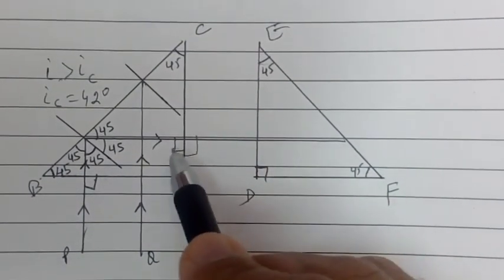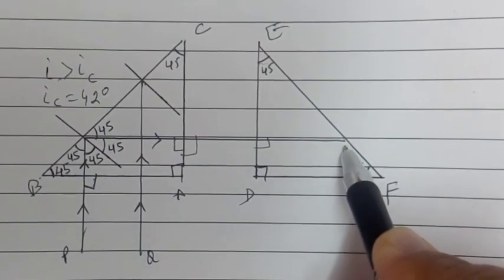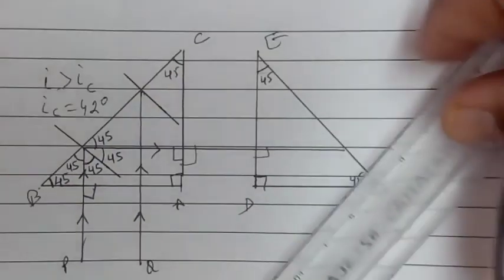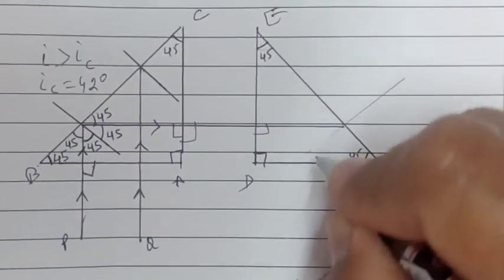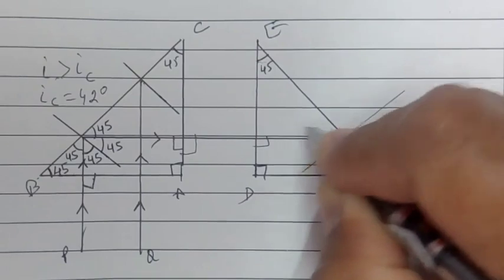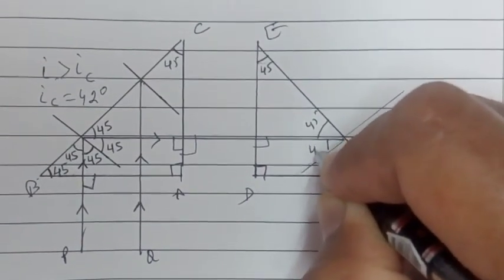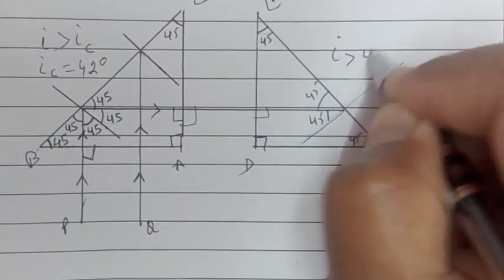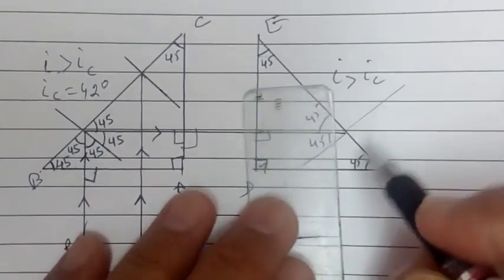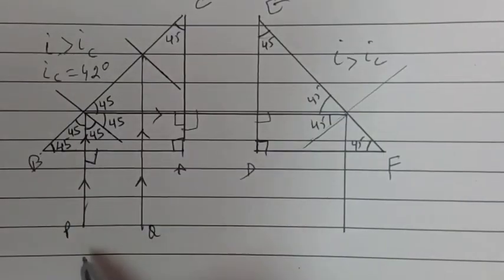Normal incidence, goes straight inside. Normal incidence reaches here. At this point, we again draw a normal. So we can calculate this angle. This is 90, this is 45, this is 45. Again, i is more than i critical. So the ray gets totally internally reflected.